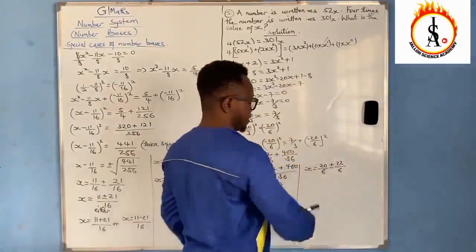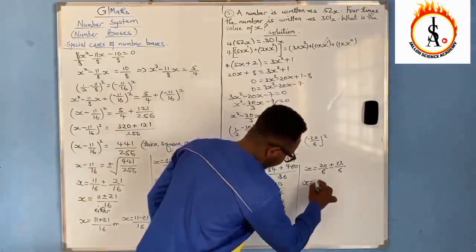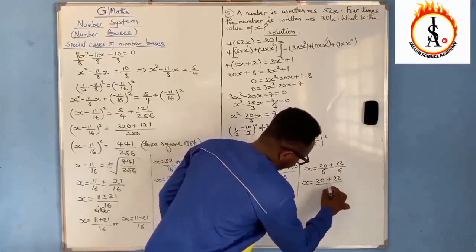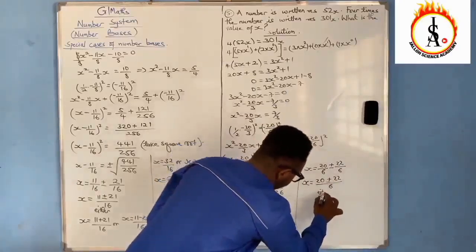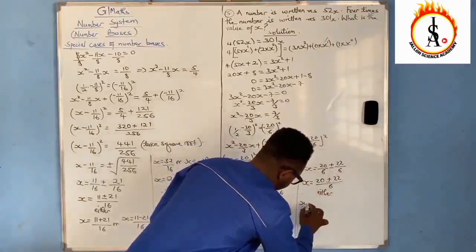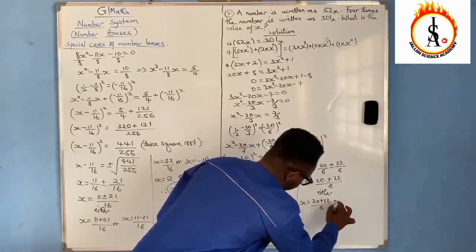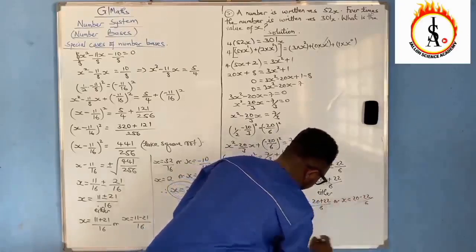So being that the denominators are common, we can write this as x is equal to 20 plus or minus 22 upon 6. So either x is equal to 20 plus 22 upon 6 or x is equal to 20 minus 22 upon 6.